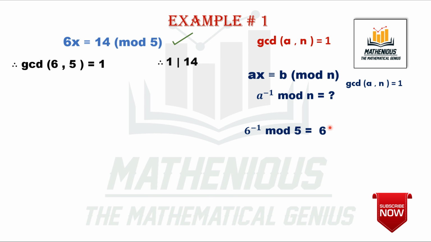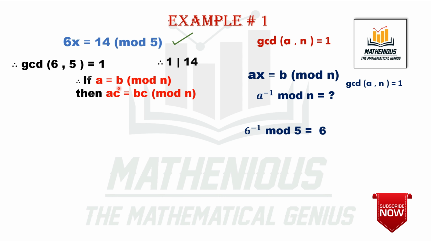Because the inverse is 6, now what are we going to do with this 6? We are going to multiply both sides of the congruence by 6. Why are we multiplying both sides? We know that if a is congruent to b mod n, then ac is congruent to bc mod n.